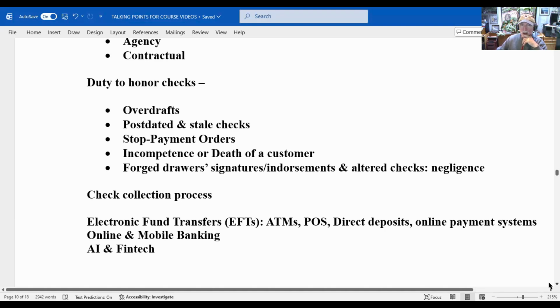All right, so you have electronic fund transfers. These are everything from ATM, point of sale, like what's called a Square or Block, I think, various systems that are tailored to various industries, direct deposit, online payment systems like PayPal, that kind of thing.